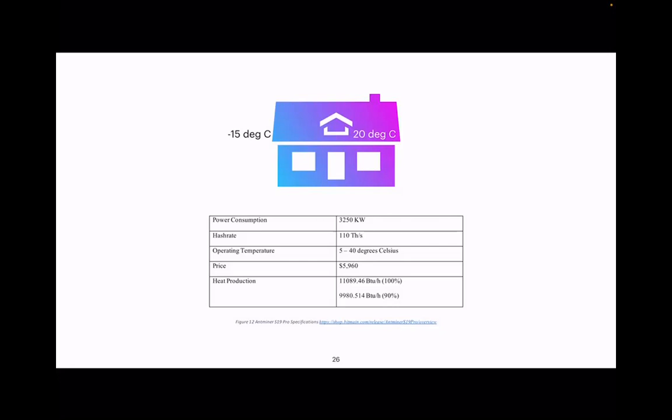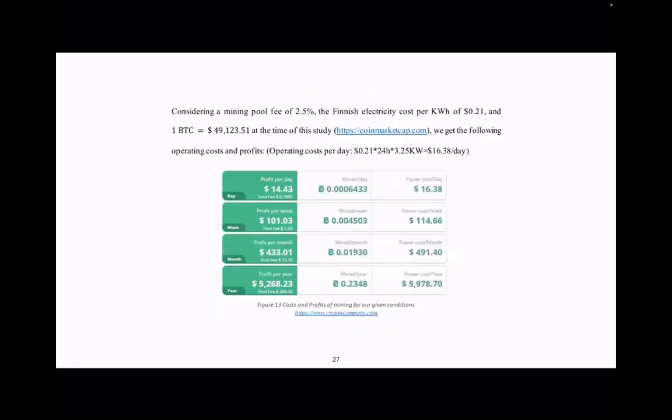electricity cost, and we relied on the hardware called Antminer S19 Pro, and here are the specifications: the power consumption, the hash rate, the price, and the heat production. At the time of our study, one Bitcoin was around 49,000 or 50,000, and today it's 62,000.